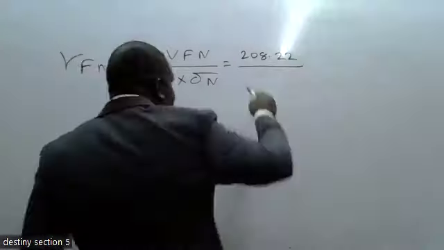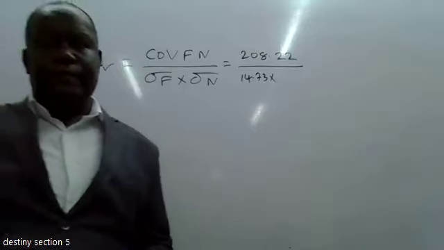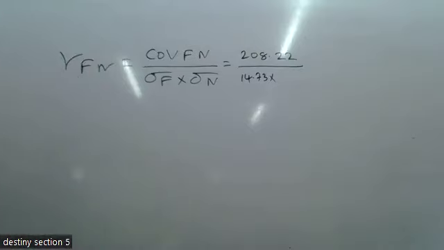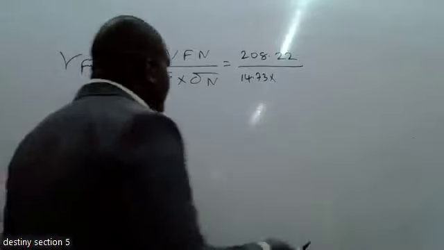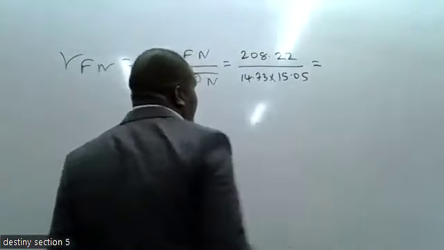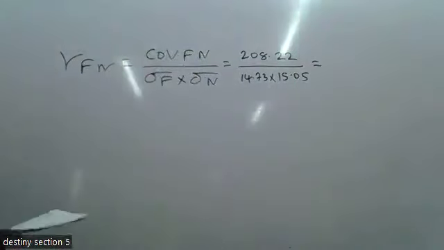Also confirm for N. The one for N should give us 15 points. So when you compute, that now should give you the correlation coefficient.